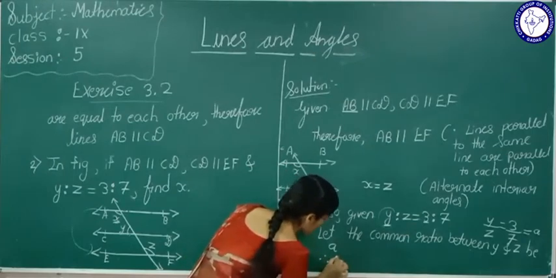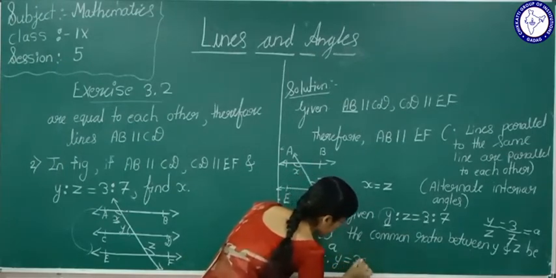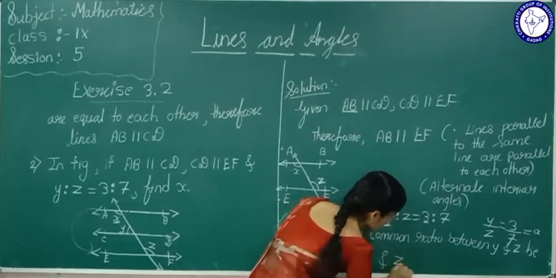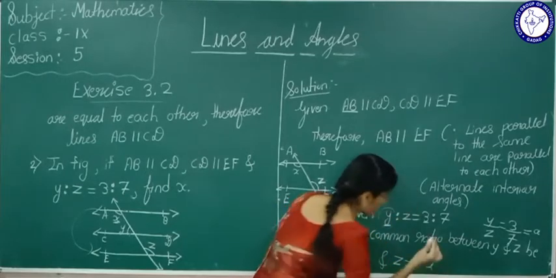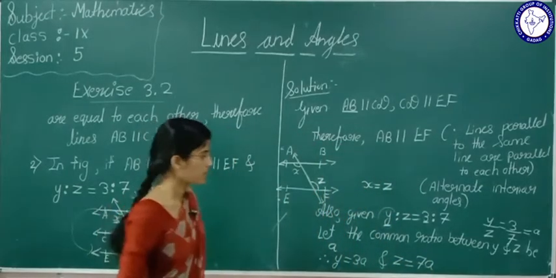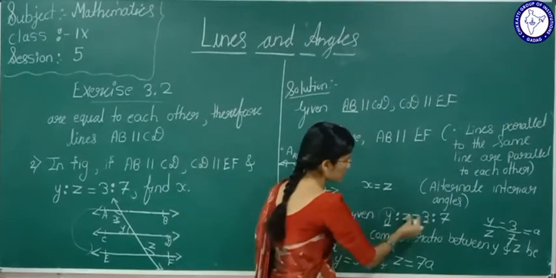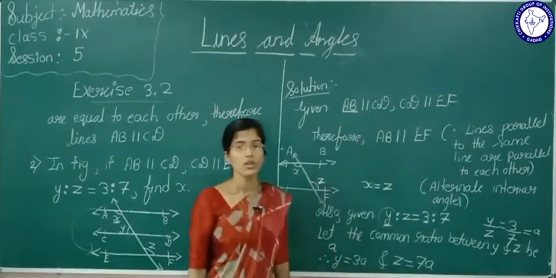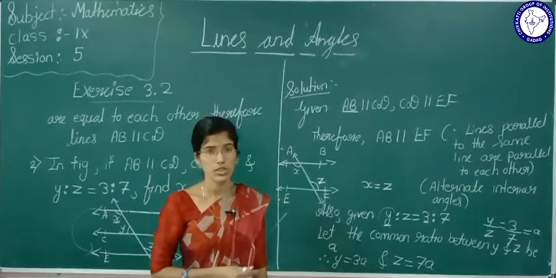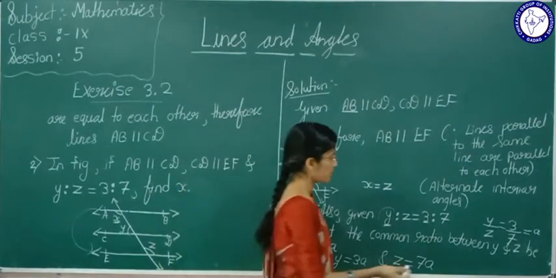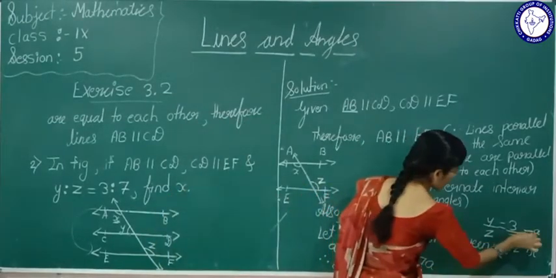Therefore y is equal to 3a and z is equal to 7a. So you can't take y is equal to 3, z is equal to 7. I think you have learnt this in the ratio chapter, right? So here we are going to take one common ratio as a.